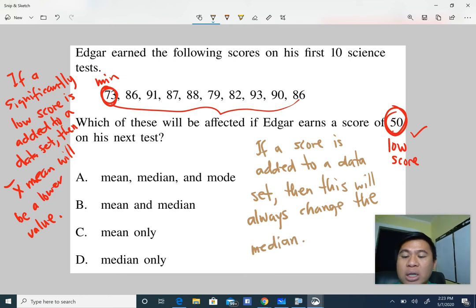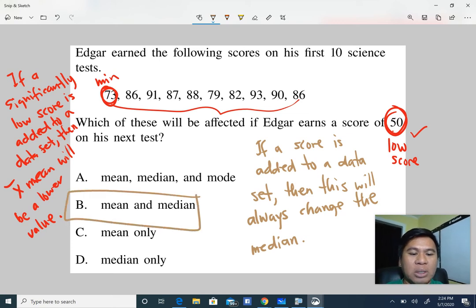Which means that if you added any data point, whether it will be a lower data point or a higher data point, it will definitely change the median, because again, the median is always the middle term. So again, that will be letter B for this answer.